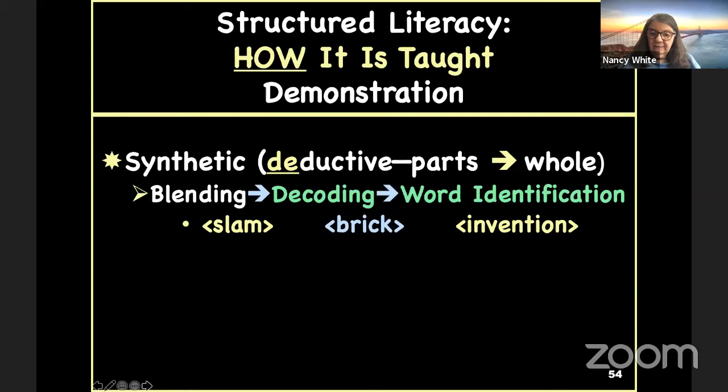Consonant, a, and this is where the deductive part comes in. S, sol, a, sla, slam, slam. So I started with a visual whole. I took it apart and associated each visual part with an auditory part and ended up with the word slam, which was an auditory whole.